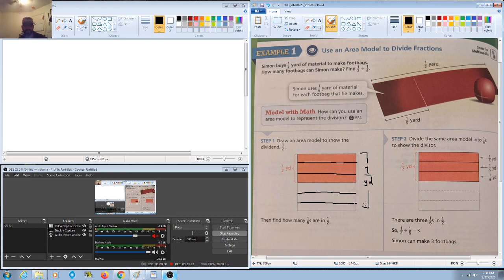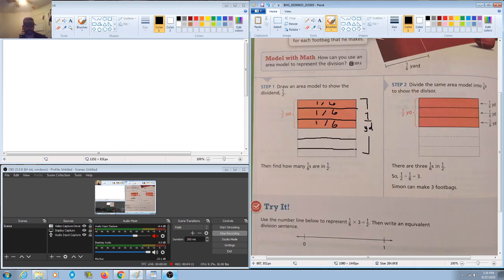I know these aren't exactly the prettiest divisions, but just to show you, this would be 1/6, this would be 1/6, and this would be 1/6, and the rest would be as well. But the question at hand is, how many 1/6 are in that 1/2? If we take that 1/2 yard and divide it into 1/6 parts, there are 3 1/6 parts in that 1/2. So that's what that resultant is showing us.